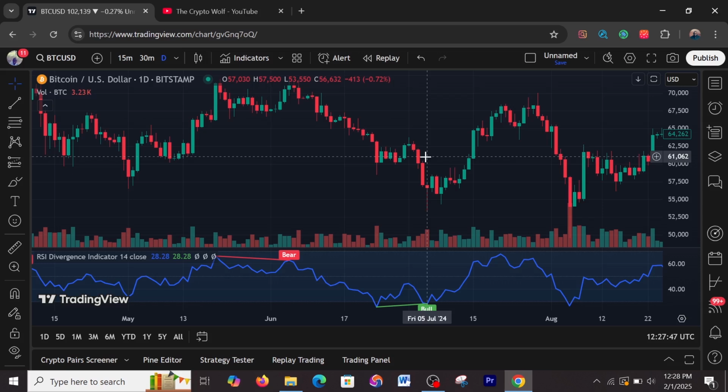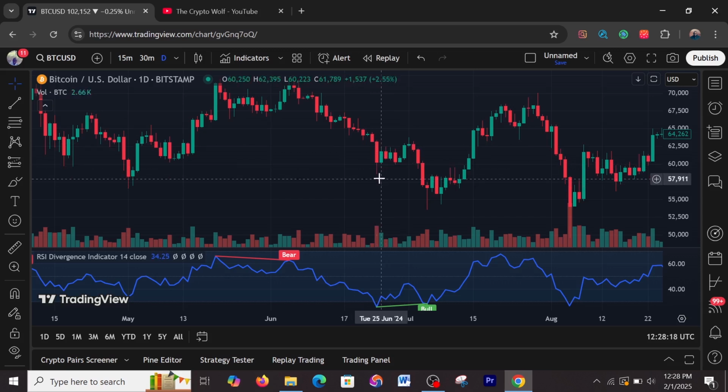So how does this RSI divergence work? It just prints if there's a divergence between price and the RSI. What's a divergence? A divergence is just when price is going in one direction and the indicator is going in another direction. A bullish divergence means that price made a lower low while the RSI indicator made a higher low.